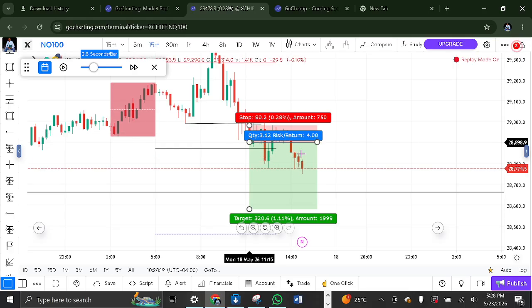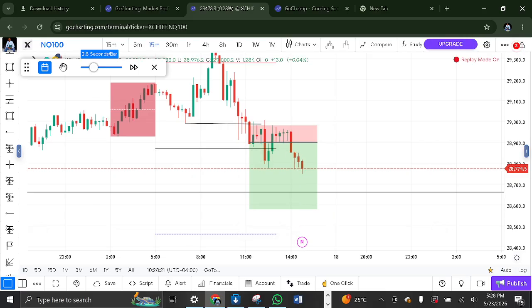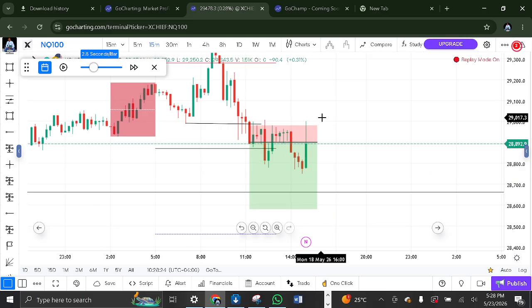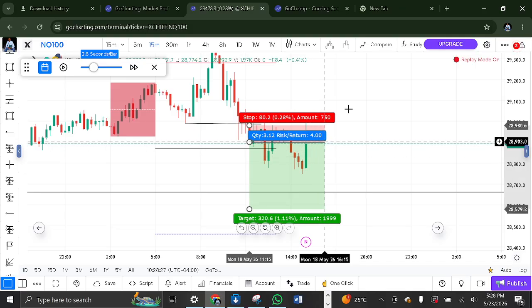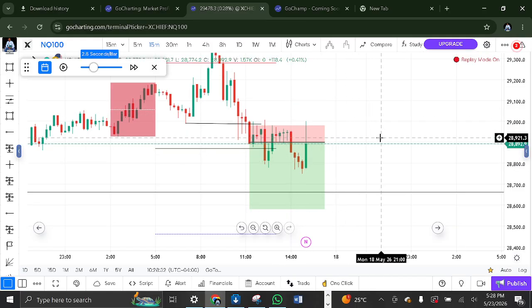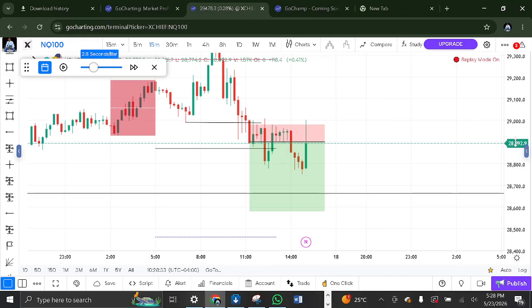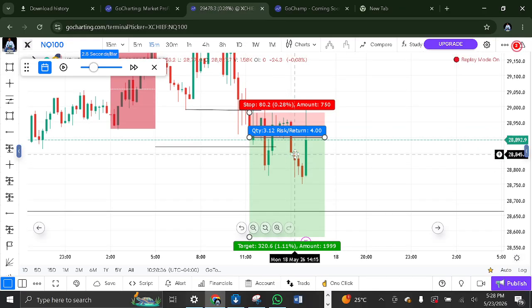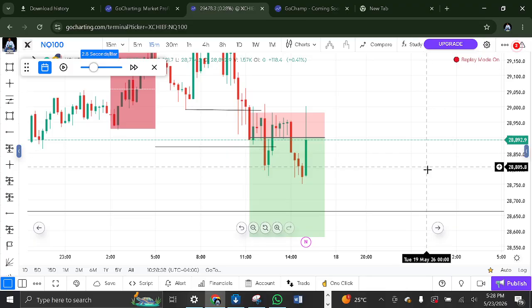We didn't really trade into that fair value gap. We kept pushing lower, then boom. Sometimes this happens. It happens so fast. Whenever you are trying to think, should I actually break even? Should I let it be?